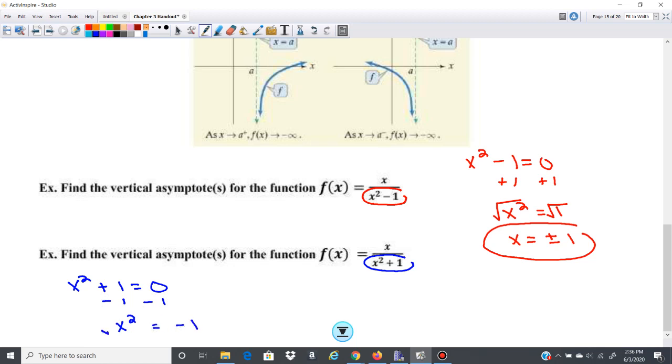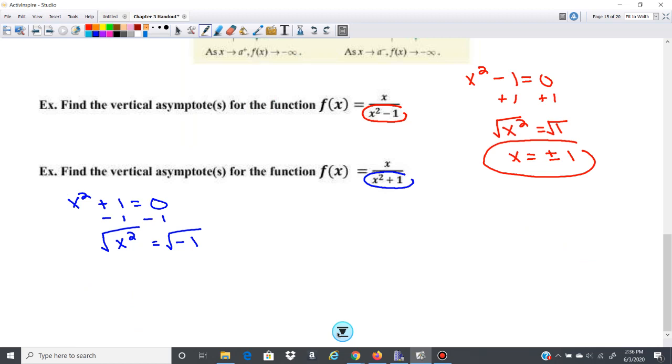And then we take the square root of negative 1, and we're going to get x equals plus or minus i. And of course, we cannot graph an imaginary number. So in this case, we say there are no vertical asymptotes.